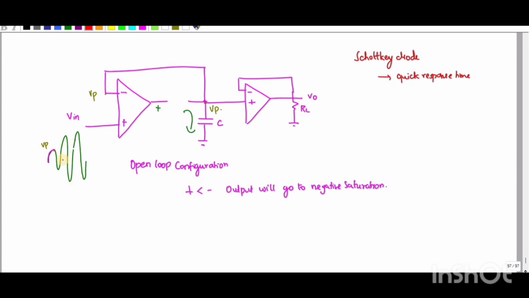It is not only based on the diode, it is also based on the capacitance we are using, and on the op-amp which we are using. It is also based on the slew rate. Slew rate is measured in terms of delta V by delta t, volts or millivolts per second.